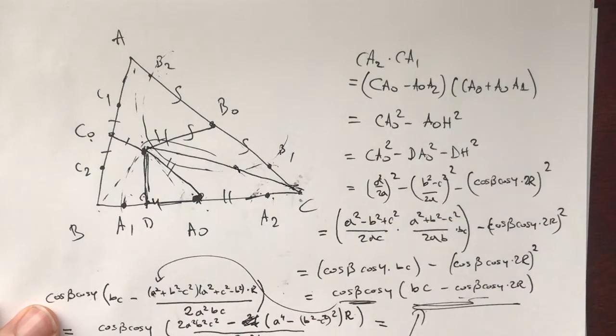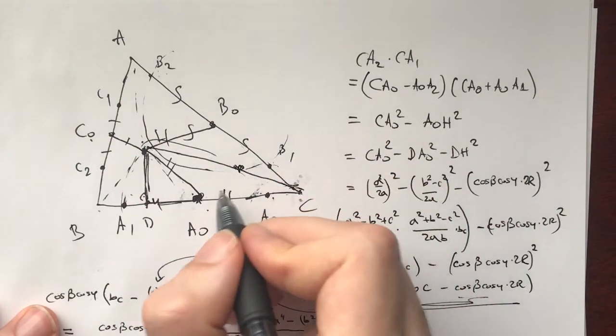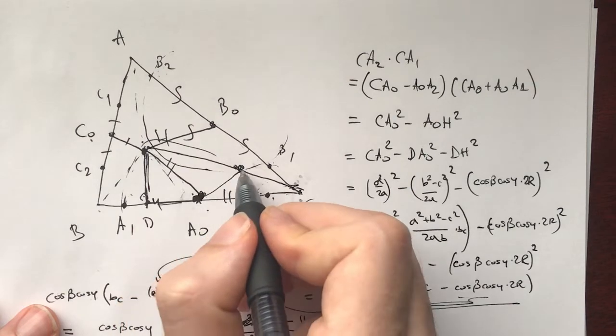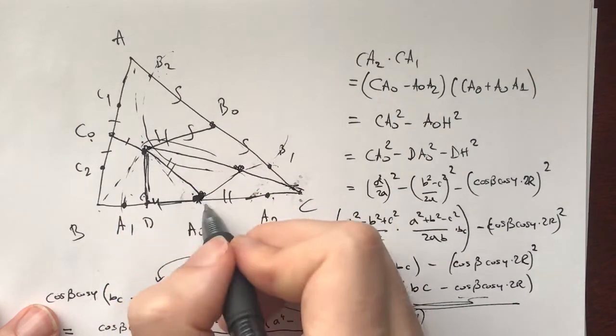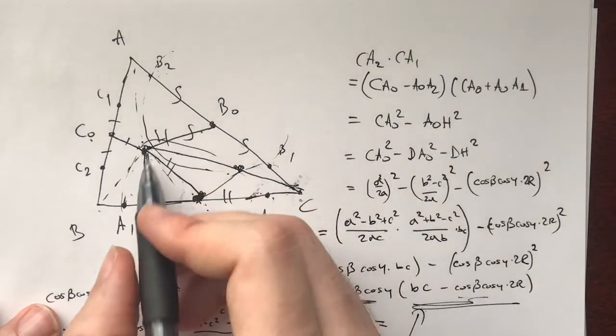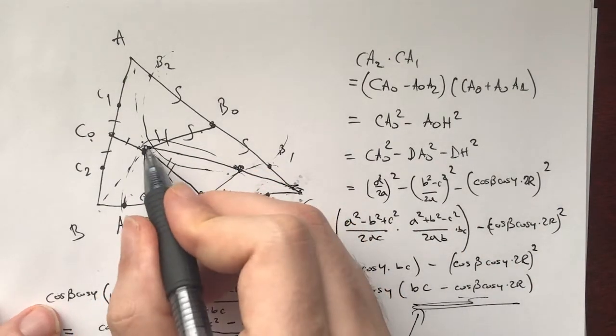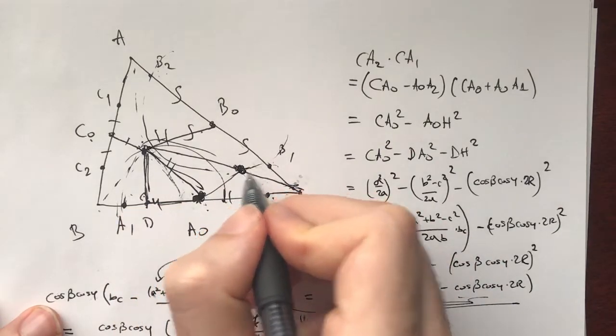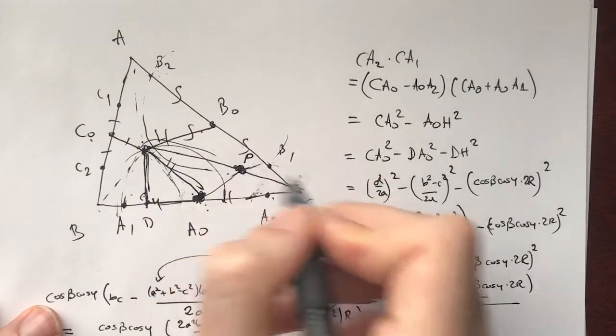So that's enough to prove. And what would that mean? That would mean there's a point on CH such that A0 to that point is equal to A0H, and B0 to that point is equal to B0H. So now, what's the intersection of this circle and CH? Let's call this point P.